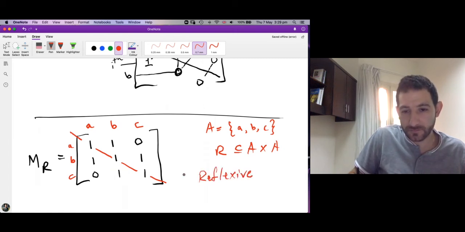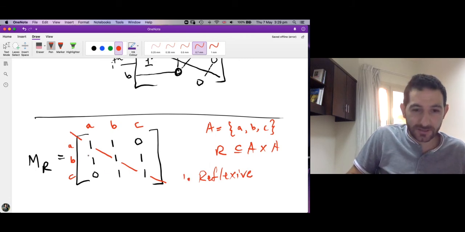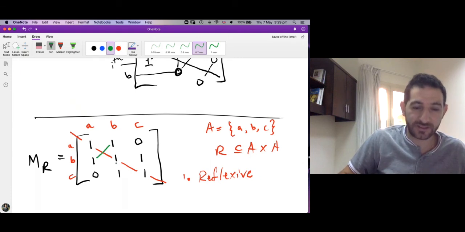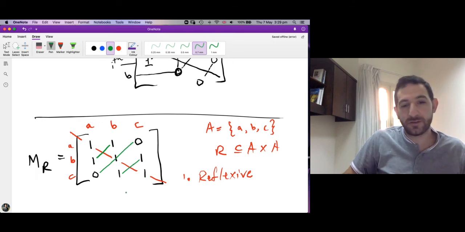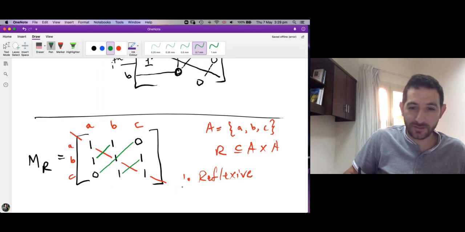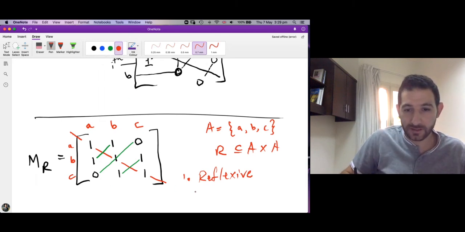Second, the matrix itself is symmetric, right? Look, 1, its mirror image is 1, 0, and its mirror image is 0, and 1, and its mirror image is 1. This means that the relation R is symmetric.